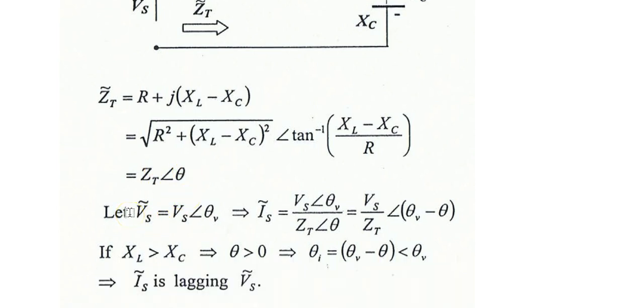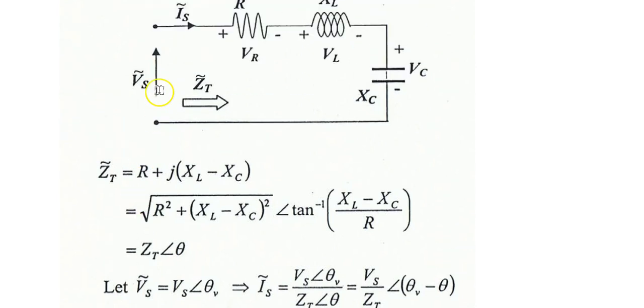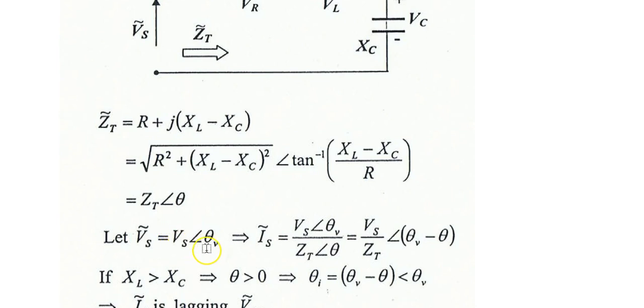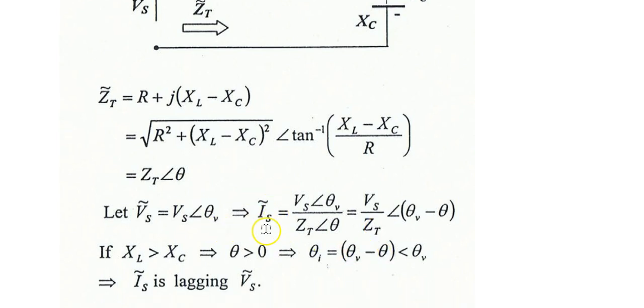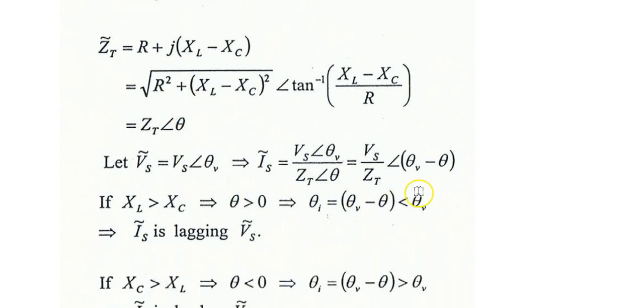And if we take the source voltage, Vs, as the reference, then the current to this circuit can be calculated using Ohm's law as Vs divided by the total impedance. From here, I can deduce that the current flowing into the circuit has a phase angle that is given by the initial angle of the voltage supply and the angle of the impedance that we calculated from the total impedance.